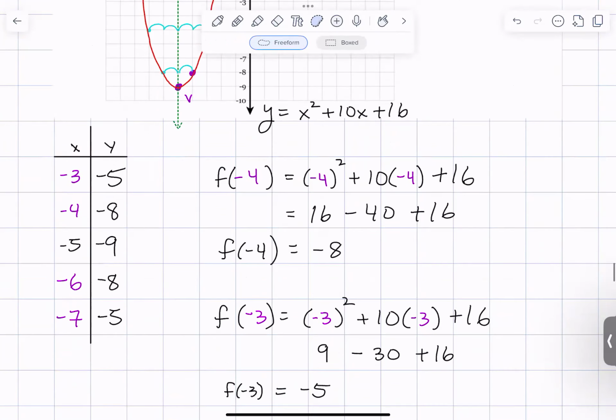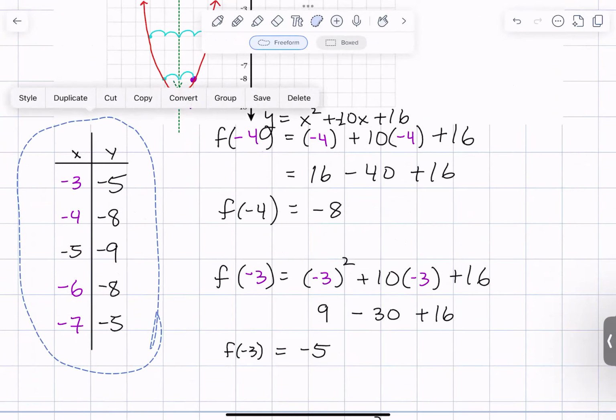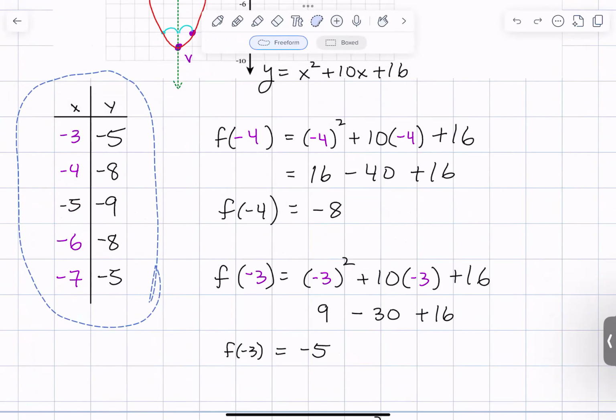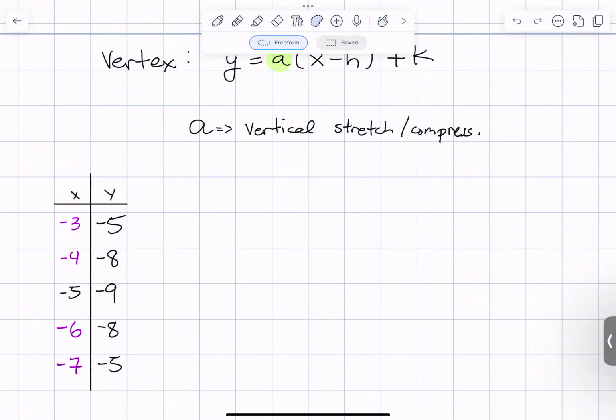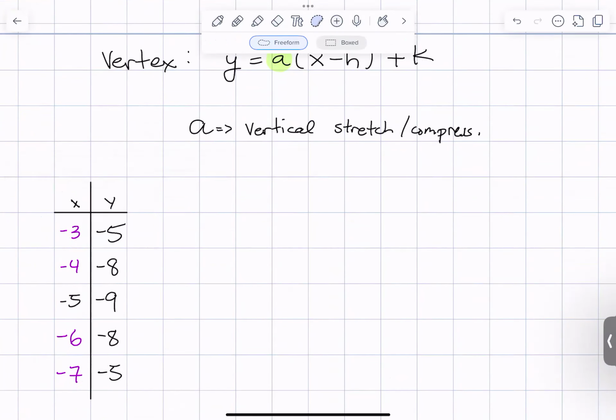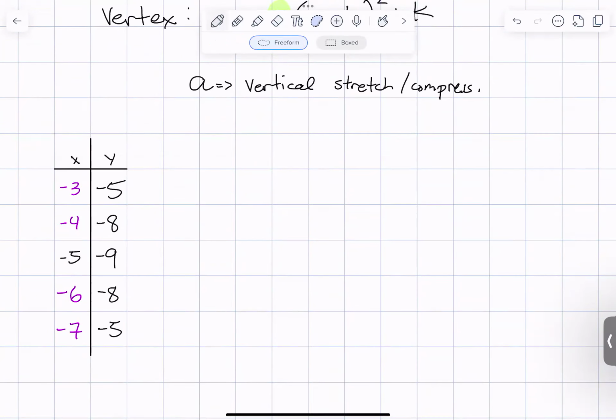So if I take my table of values and drop it down, remember my parent function of y equals x squared and that table of values?